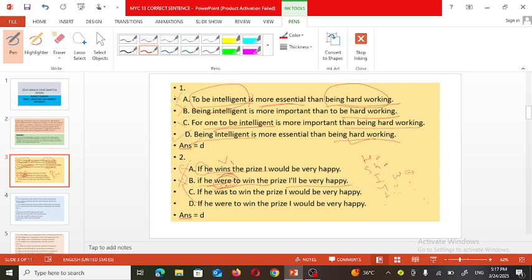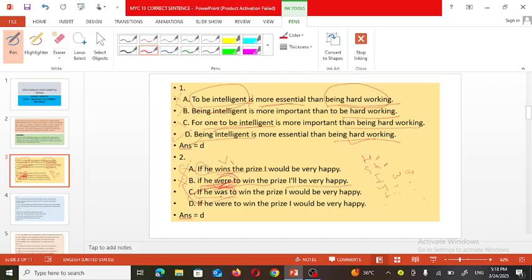But when we are talking about things which did not happen in the past, but which we are expecting would have happened, at that time we are supposed to use this were form of the auxiliary. So this part is correct: if he were. The mistake is in this part only, which I have explained to you now.